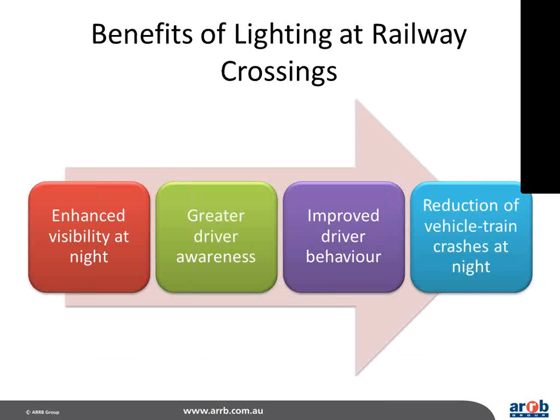So the benefits are, as mentioned, it helps to enhance visibility at night. If you have better visibility on approach at the crossing, you have better driver awareness, you have improved driver behavior. A lot of the research at railway crossings suggests that drivers tend to be a bit complacent at railway crossings, and the reason is because they feel that they travel along this route numerous times.